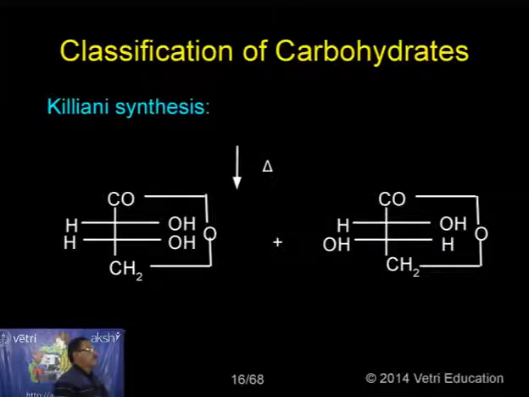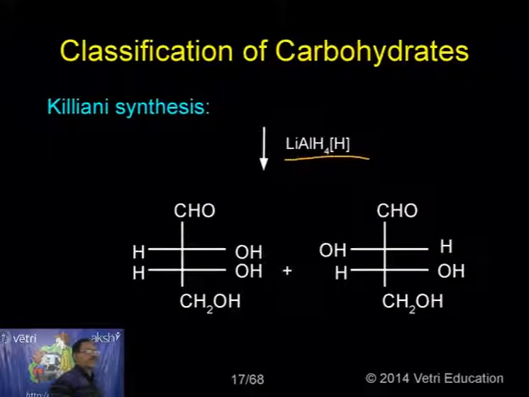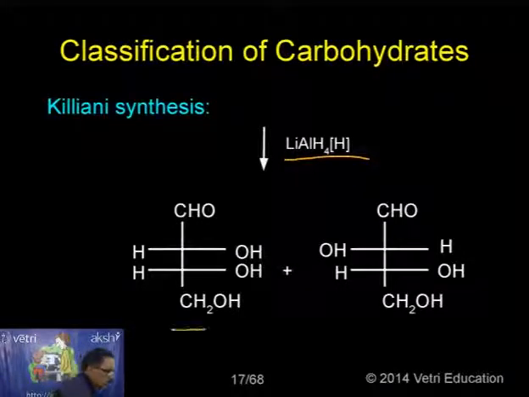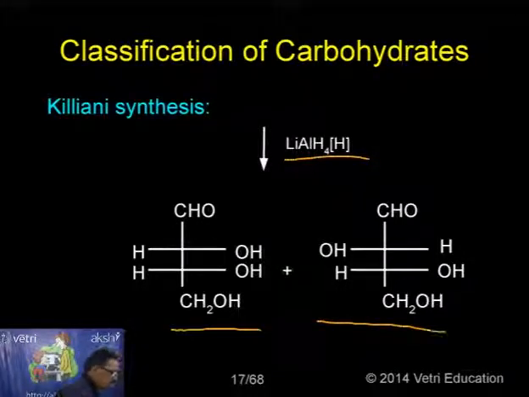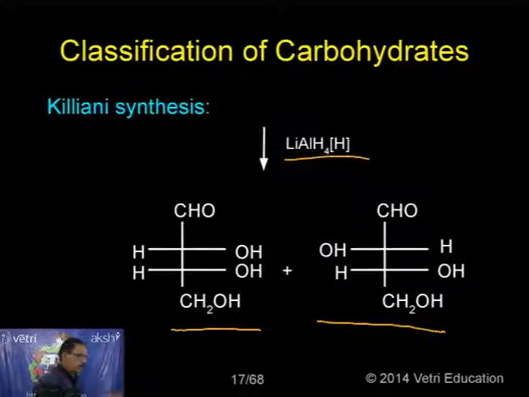In the next step, what is happening to this cyclic compound? It undergoes a reduction process with lithium aluminum hydride, producing aldehyde. So we are getting 2 aldehydes. These two aldehydes, the corresponding carbohydrates, now contain 4 carbon atoms, but they have different configurations. In the first case, 2 OH groups are on the same side.